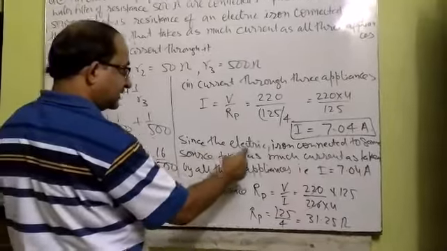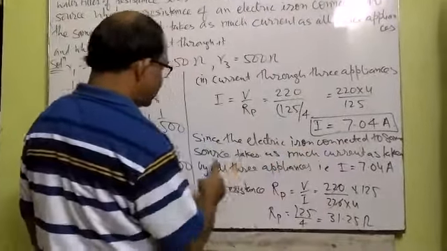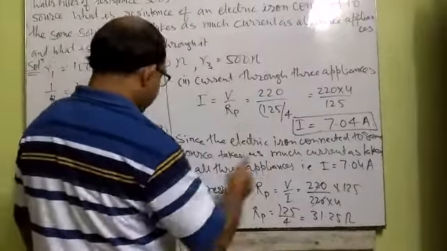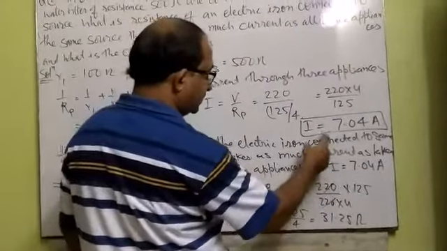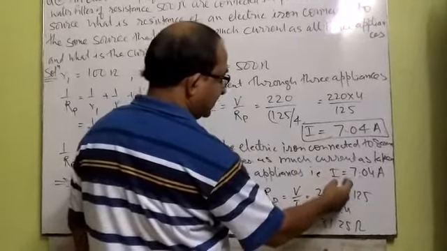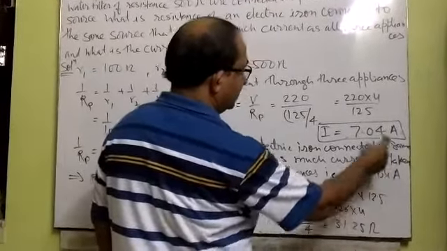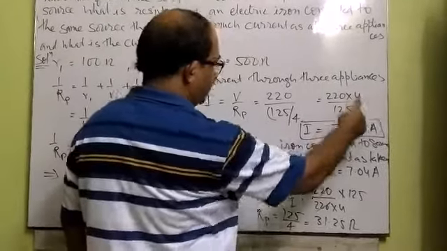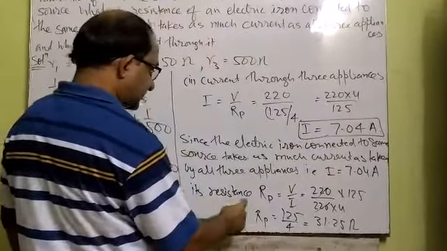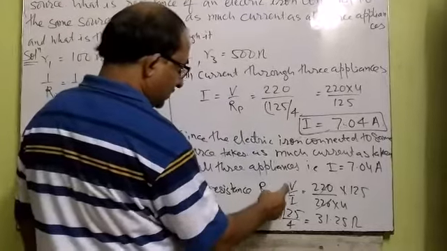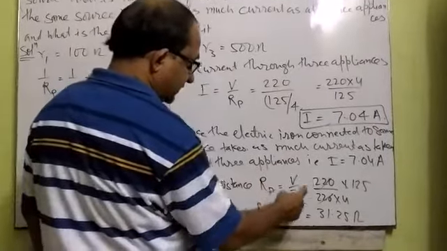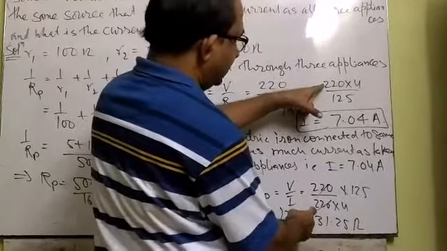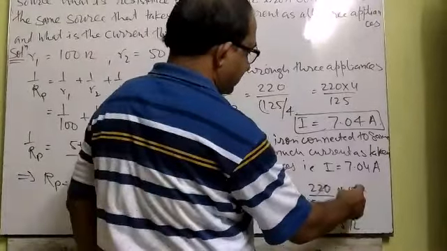Now, since the electric iron is connected to the same source and takes as much current as taken by all three appliances, for the electric iron the current is 7.04, or we can take 220 into 4 upon 125. So its resistance Rb will be equal to V upon I, means 220 upon the value of current, 220 into 4 divided by 125.